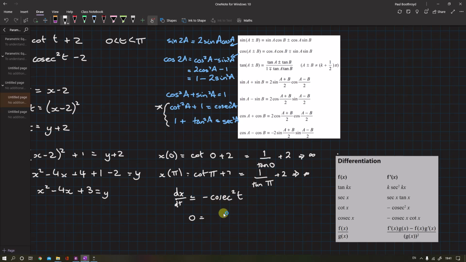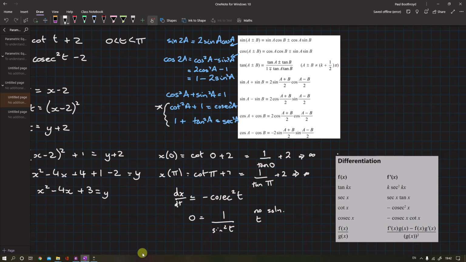Cosec is 1 over sine, so we're looking at 1 over sine squared of t. Is that ever equal to 0? No, there is no solution for t. So there is no other value that we can have.